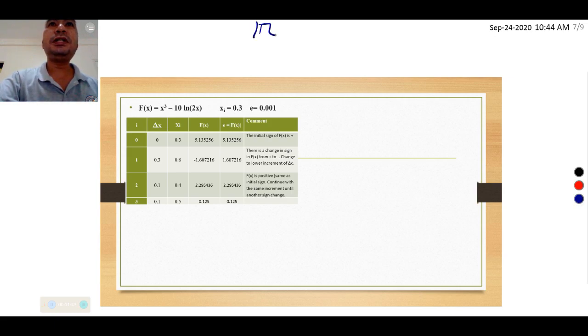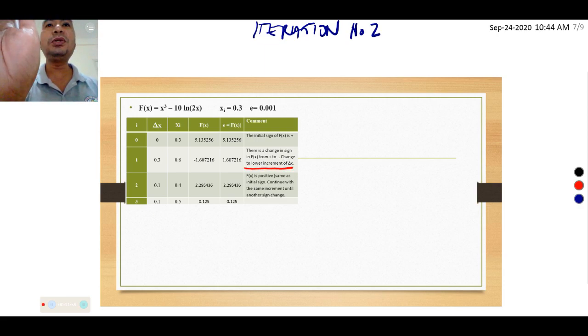So we have here iteration number 2. Since there is a change from positive to negative, we are asked to lower the increment of delta x.